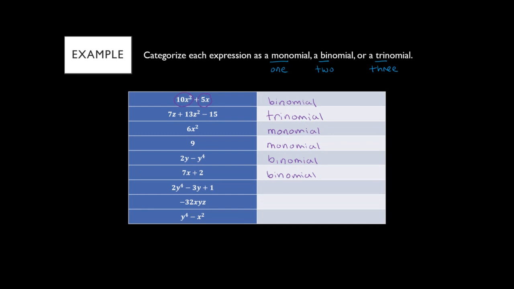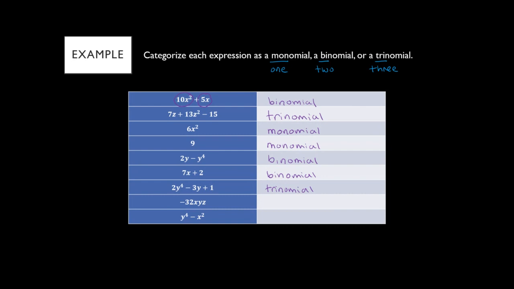Then we've got 2y to the fourth minus 3y plus 1. And so this has three terms, which makes it a trinomial. Now, underneath this, we have multiple variables. We've got negative 32xyz. It doesn't matter that there's more than one variable.